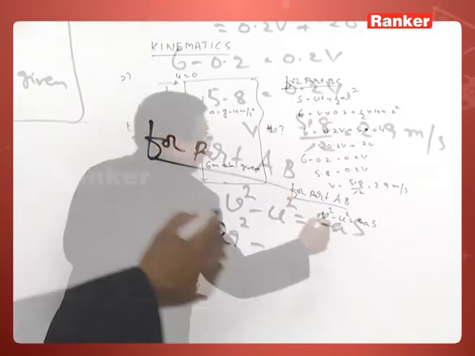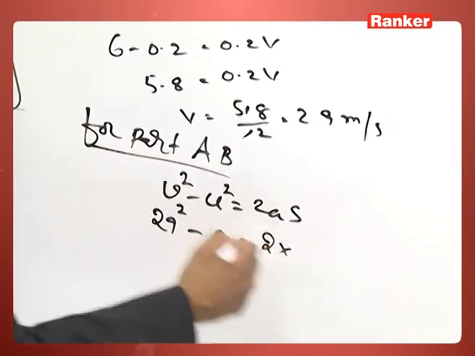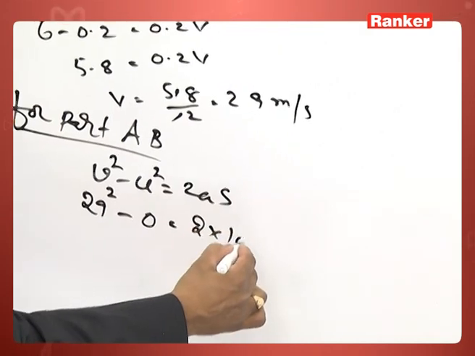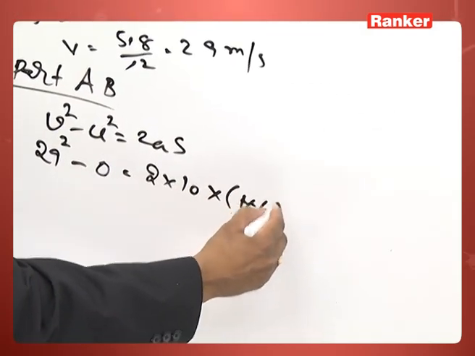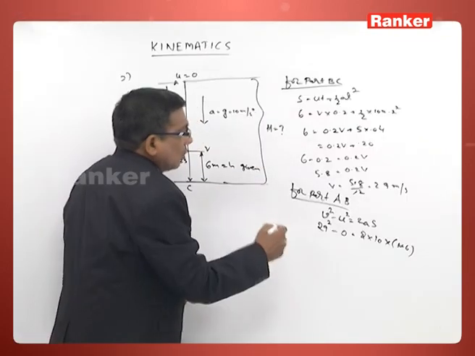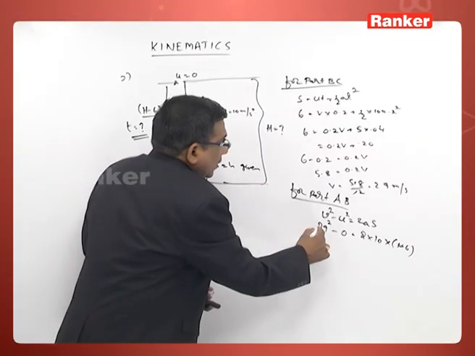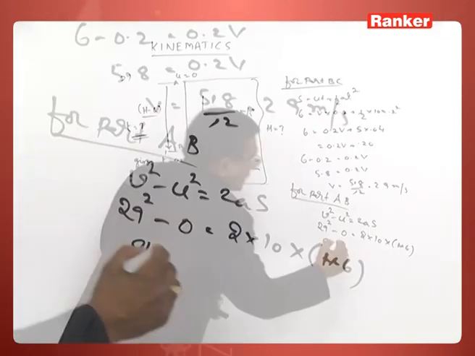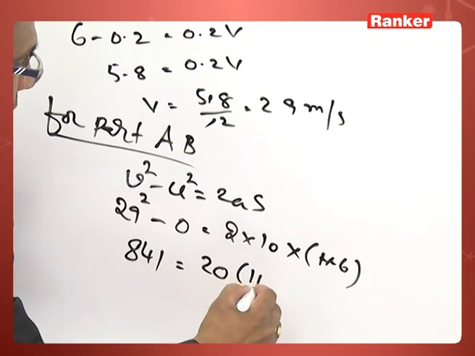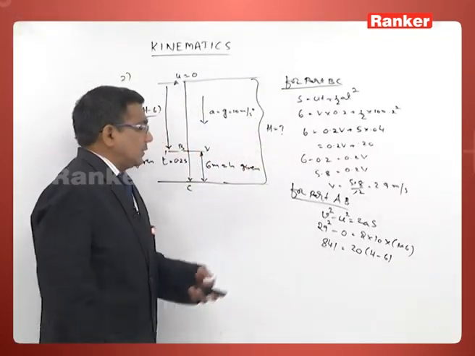It is a freely falling body, u is 0. As it is falling down, a is equal to g is equal to 10, and distance travelled is h minus 6. So now if you solve this, 29 square you get 841 is equal to 20 into h minus 6. Just simply solve it.